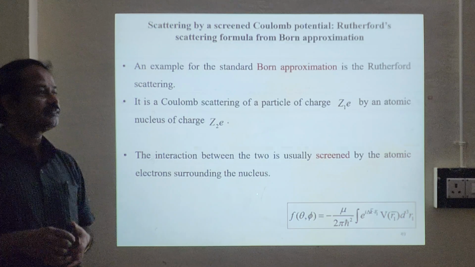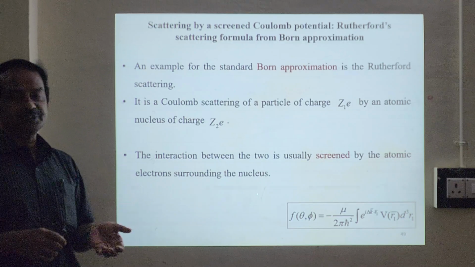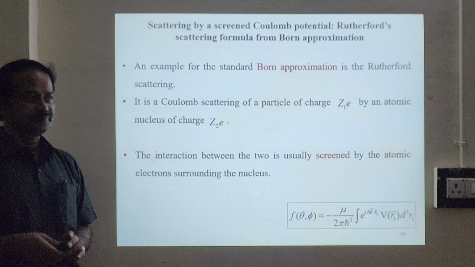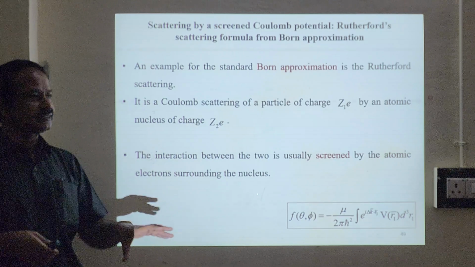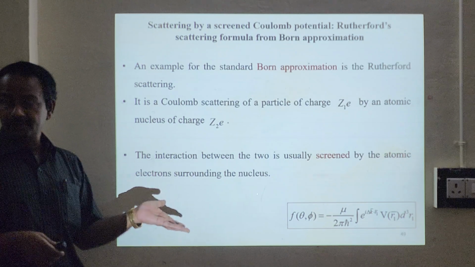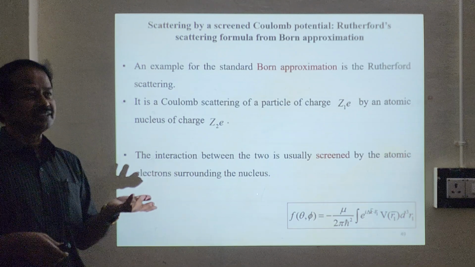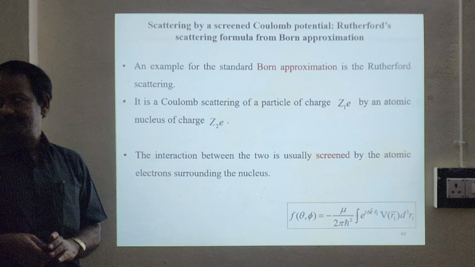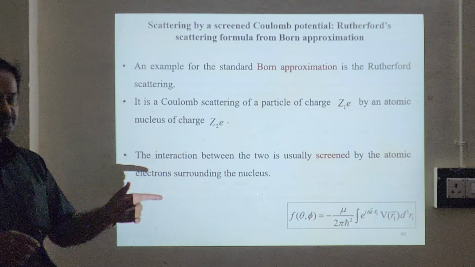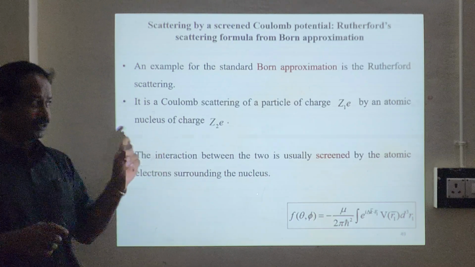In the last lecture I said that different kinds of potential give different kinds of scattering amplitude, so ultimately we are going to discuss only the scattering amplitude. The square of the scattering amplitude gives us the differential cross section, which is the experimentally obtained result. So we can substitute different kinds of potential and get the scattering amplitude.